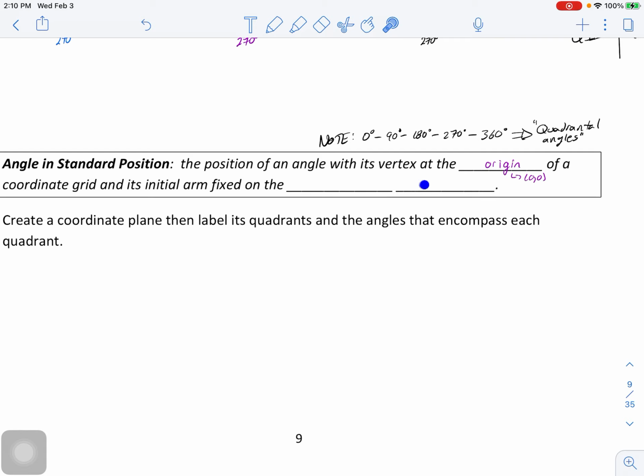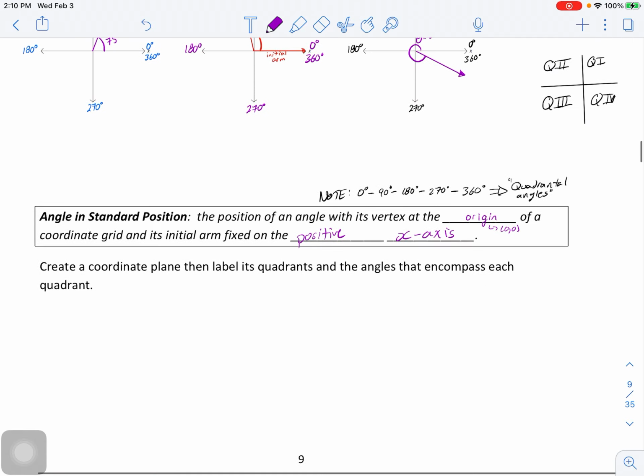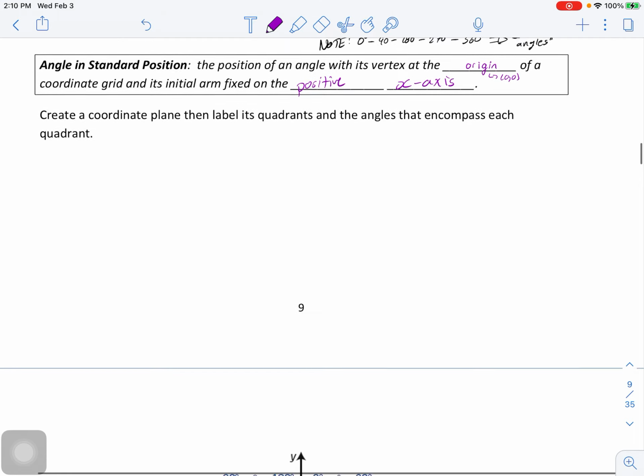So the position of an angle with its vertex at the origin of a coordinate grid and its initial arm fixed on the positive x-axis. And there we now have our nicely laid out definition.